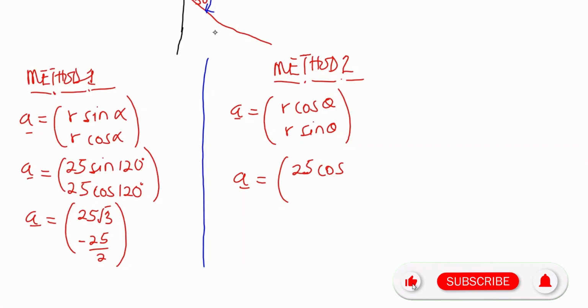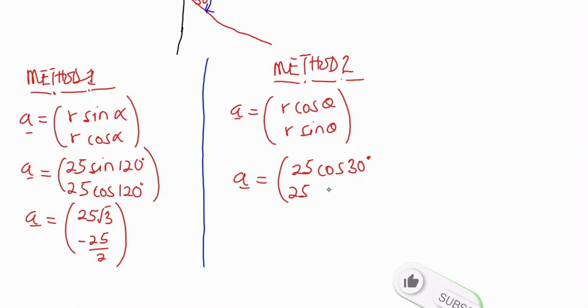Now the theta here we know to be 30, that is the angle made with the x-axis. And then we have here 25 sine of 30.